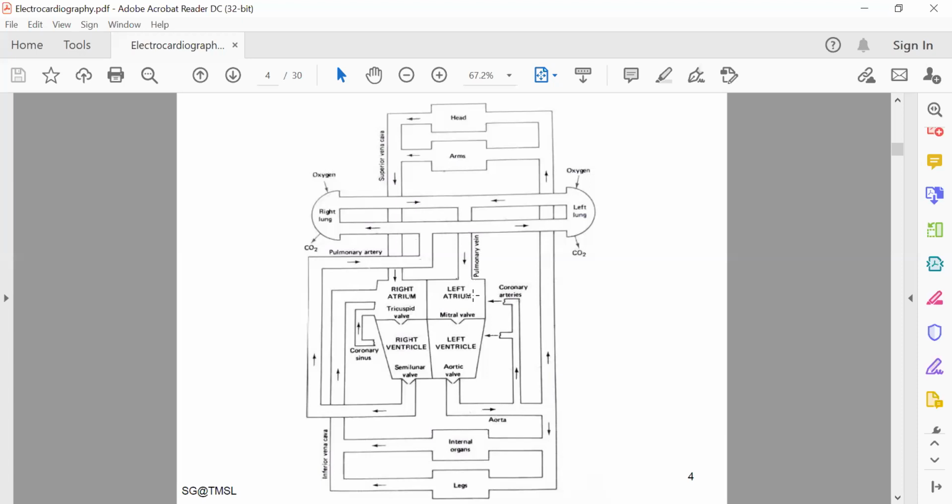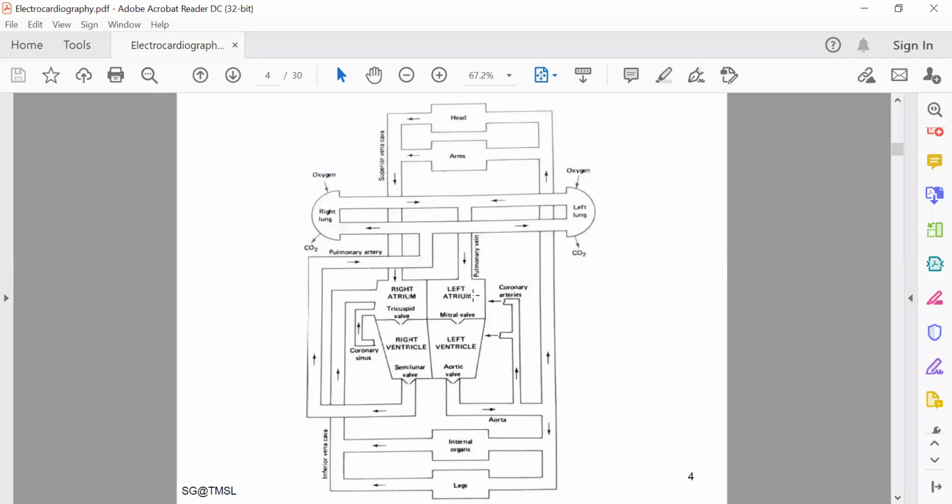The range is from about 60 to 85. On average it is higher in women, and generally decreases with age. In an infant, the heart rate may be as high as 140 beats per minute under normal conditions.